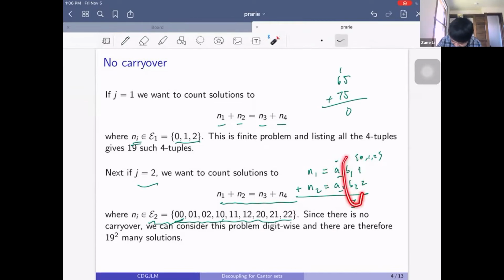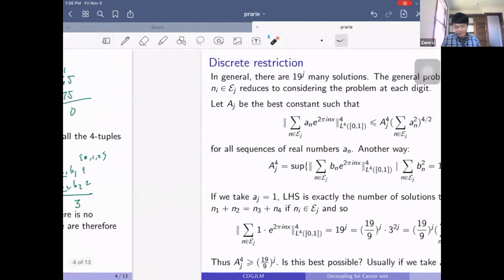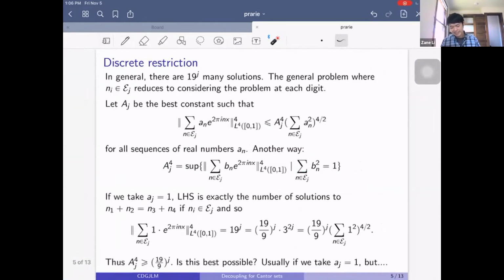And I know in each digit how to count solutions where my digits lie between 0, 1, and 2. And there are 19 many solutions per digit. And so since I have 2 digits, there are 19 squared many solutions. Okay, so of course then in general, there are 19 to the j many solutions because we're in the situation of no carryover and the problem reduces to each digit.